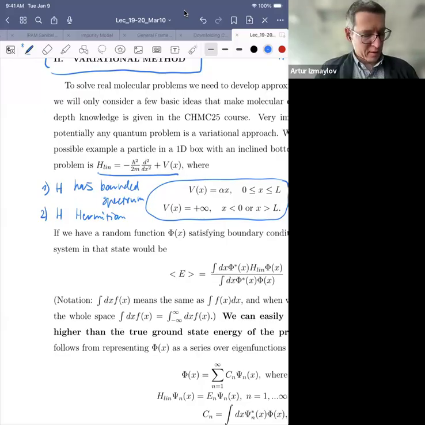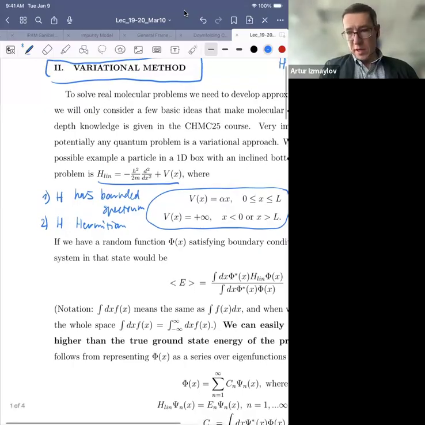Tell me some examples that violate these two conditions, either both or one. If you cannot tell me the examples, that simply means you probably don't understand what these properties are. So this is the check.